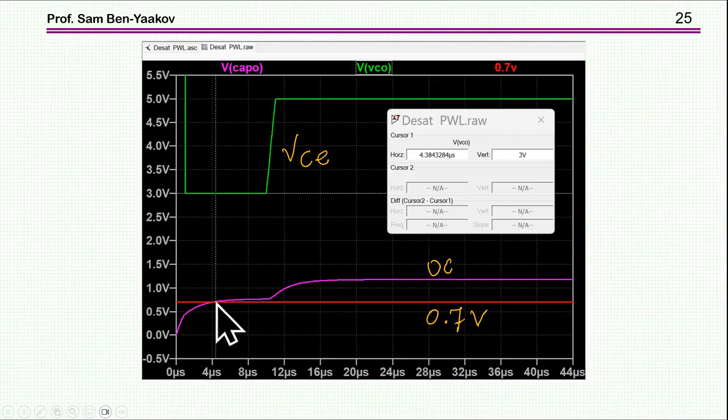It's building up, and at this point, after about 4.3 microseconds, this is actually the blanking time, okay? There is a blanking time due to the charging of the capacitor. Here it hits the 0.7 and the DSAT should be activated.